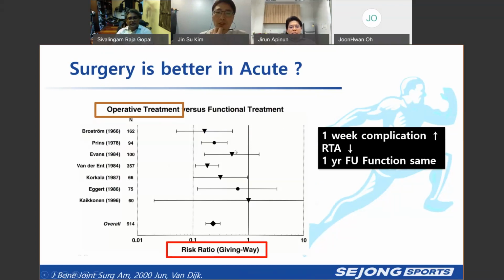So anyway, surgery is better for giveaway or mechanical instability, but there was more surgical complication, and the return to activity period was longer than in the functional treatment group.